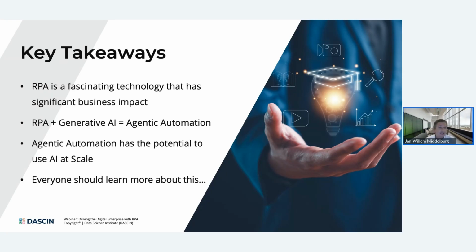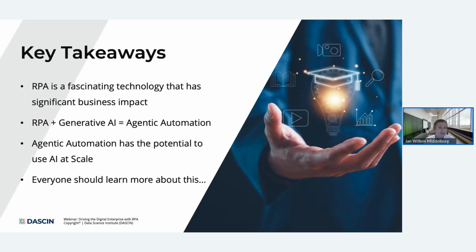And the thing that I really personally very much like about it is that it delivers real business results. So automating processes means that you can do things faster, better, cheaper, and therefore it has real world significant business impact. Now, this is only going to become even more interesting because we can now use agents and generative AI in that mix as well.